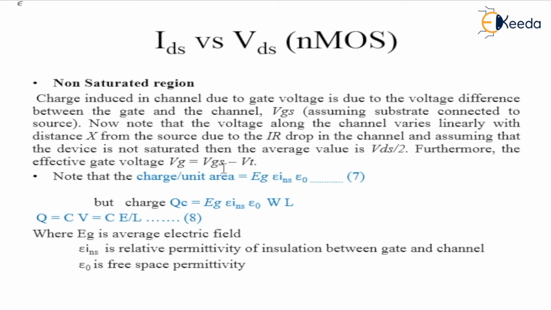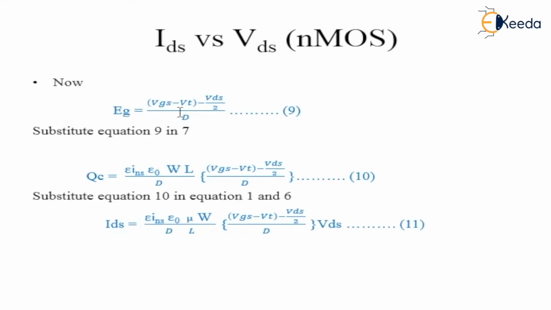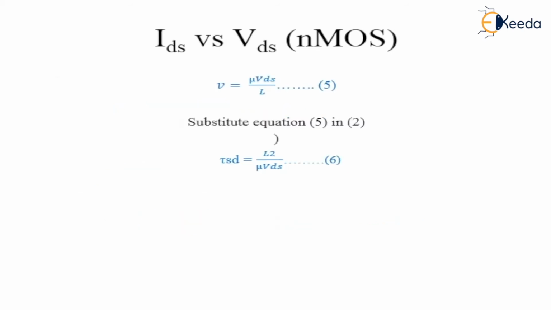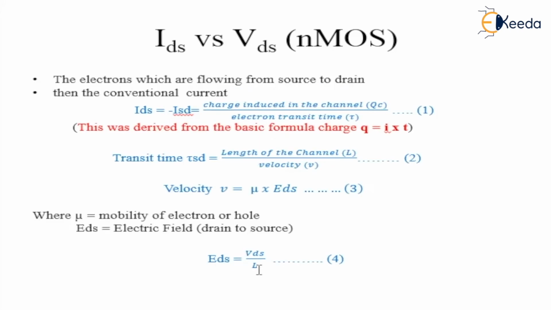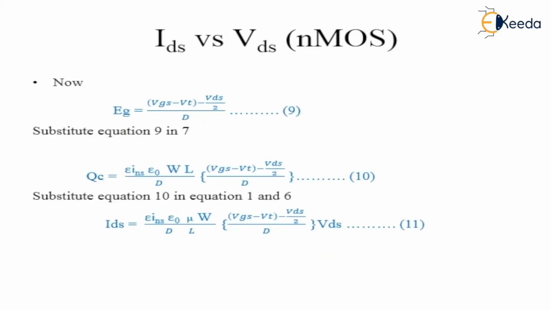One is VGS minus VT, second one is VDS by 2. Here why I have written Eg as V by D, since we know the formula, EDS is equal to VDS by L. In the place of L I am substituting D here. In the place of L I have substituted D.